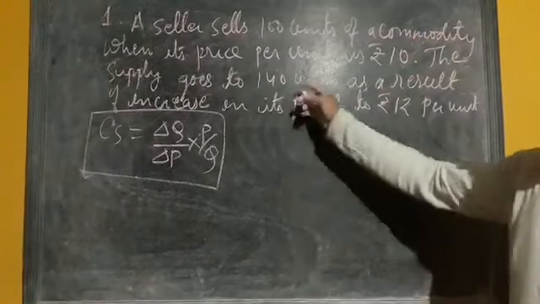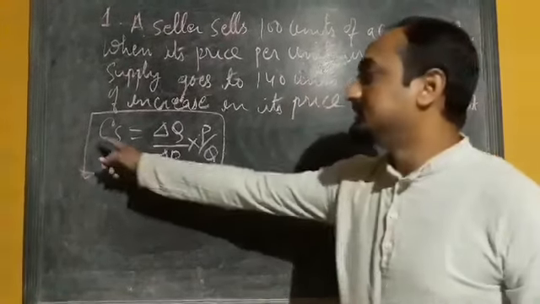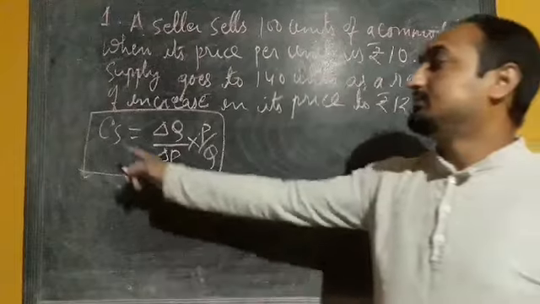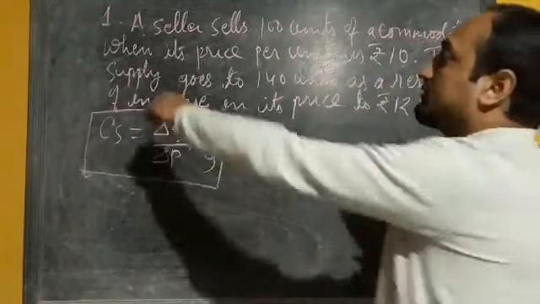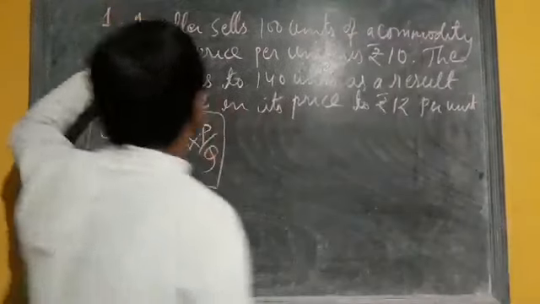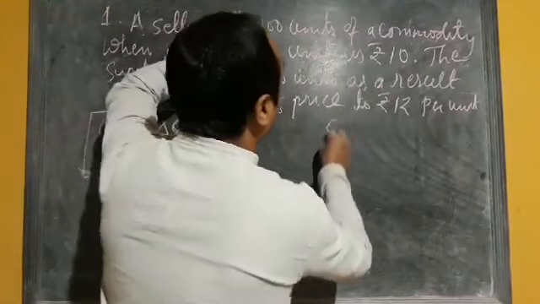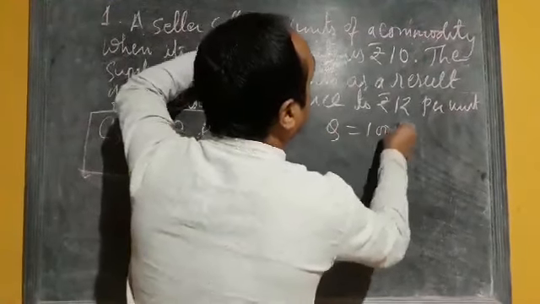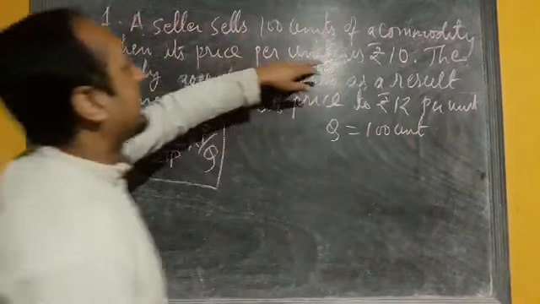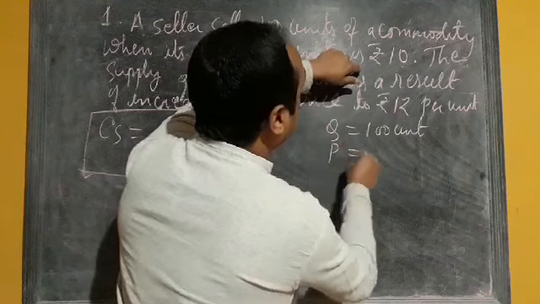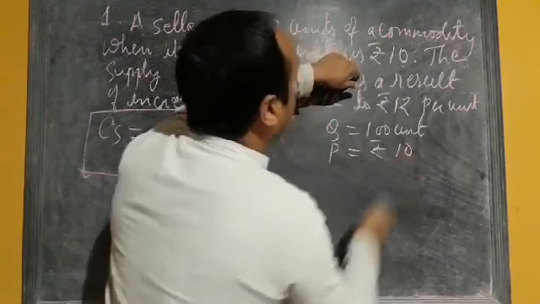I have taken one numerical example. With the help of the price elasticity of supply formula, we are going to solve this numerical problem. In the question it is mentioned that a seller sells 100 units of a commodity when its initial price per unit is rupees 10.